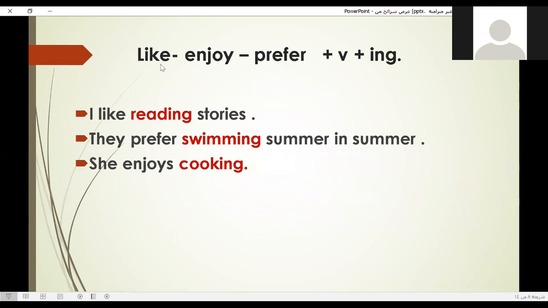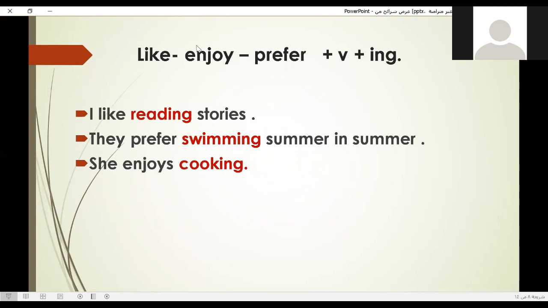Now class, like, enjoy, prefer plus gerund. Gerund means the verb with the ing form. Can you read them please? I like reading stories. Next. They prefer swimming in summer. She enjoys cooking. Here we have something wrong. They prefer swimming in summer, not summer. Here is wrong here.